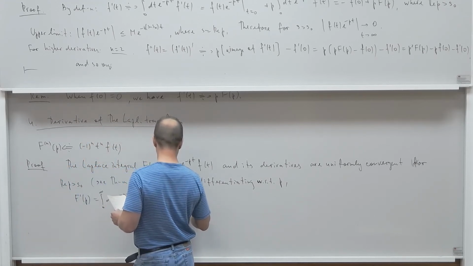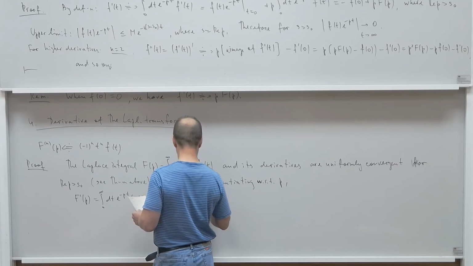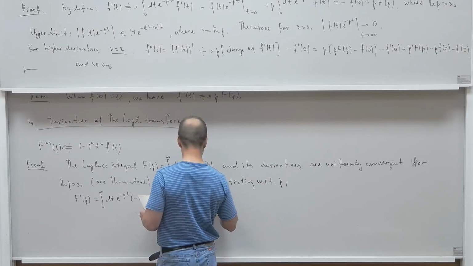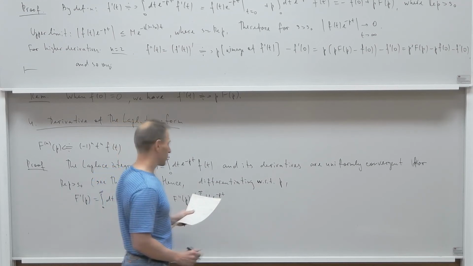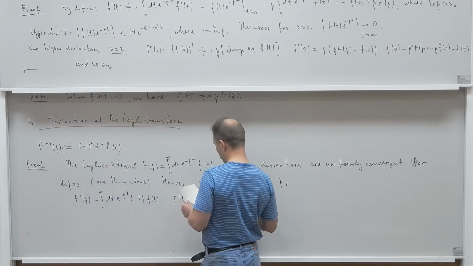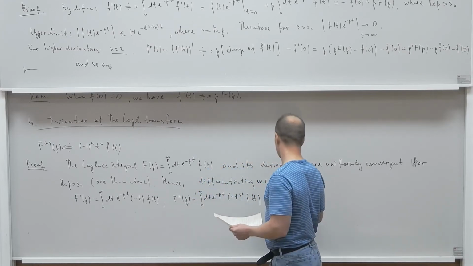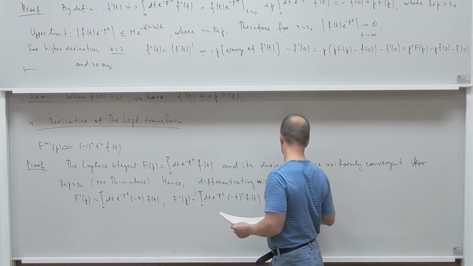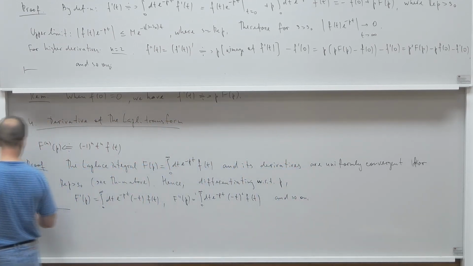Differentiation can be easily performed. It's just a derivative of an exponential function. And so on. Thus, the theorem is proved.